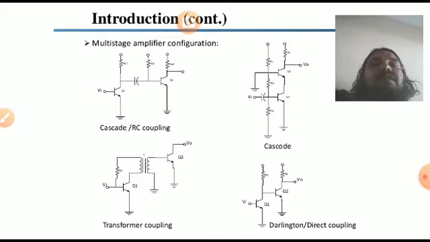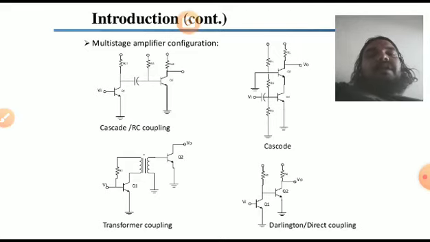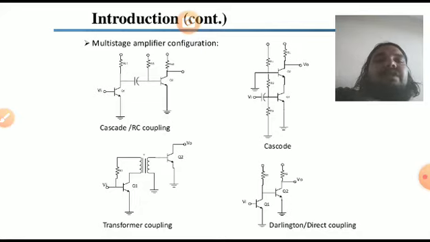If the emitter is grounded, such a configuration is called common emitter configuration. If the base is grounded, this configuration is called common base. And if the collector is grounded, such a configuration is called common collector configuration.